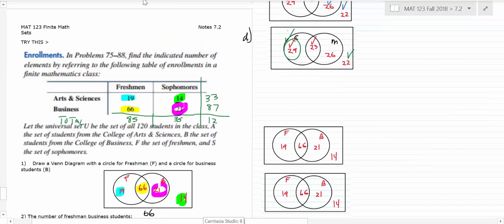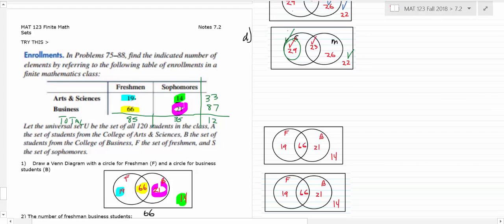Okay, so we're going to run through and check some things on this and see if we're doing this okay. When you put this together, you need to understand what this means. There are 19 freshman art and science majors, 14 sophomore art and science majors, 66 freshman business students, and 21 sophomore business students.